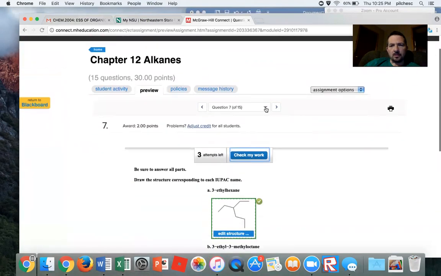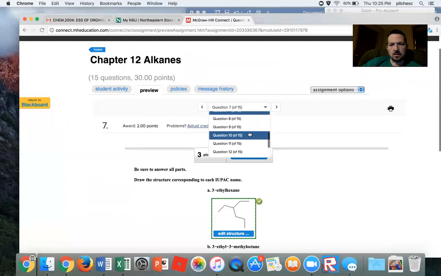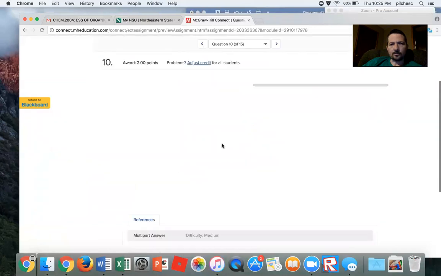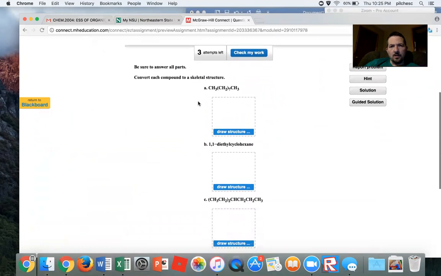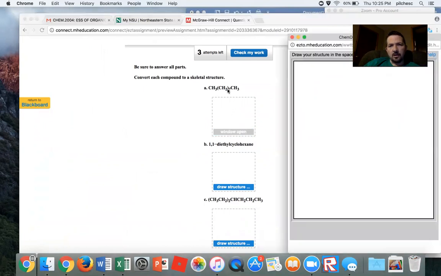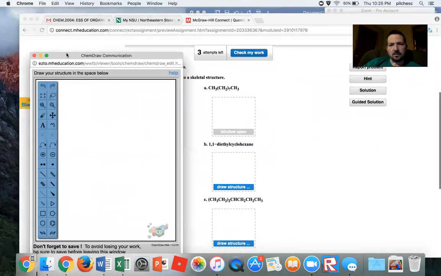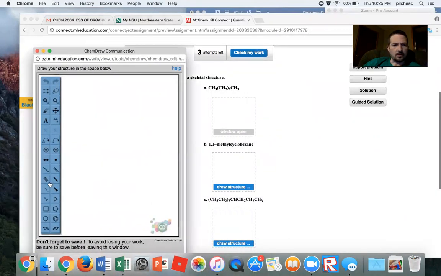Let's go and look at number 10. So skeletal structure. So again, I'm going to be doing the line bond formulas. So here I have 9 carbons total.